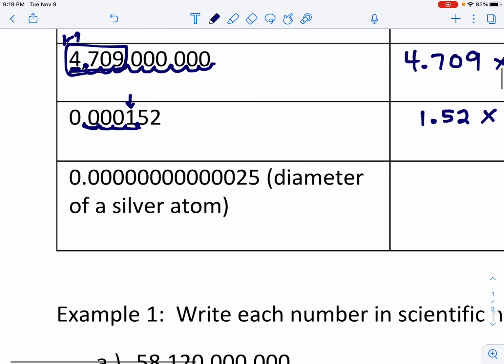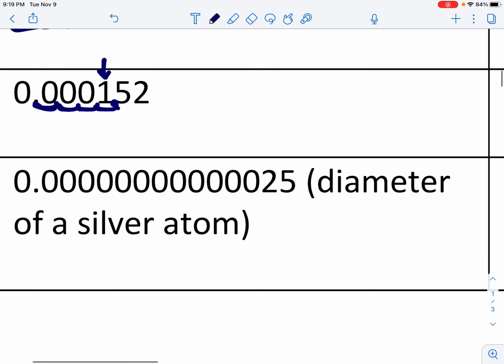All right. This one's super, super small. This is actually the diameter of a silver atom. We want our decimal point to go right here because we need one whole number between 1 and 9 in front of the decimal place, and then every other number goes after the decimal.